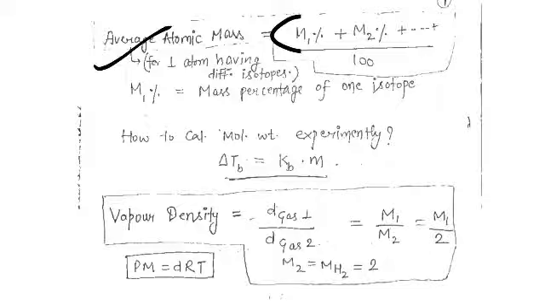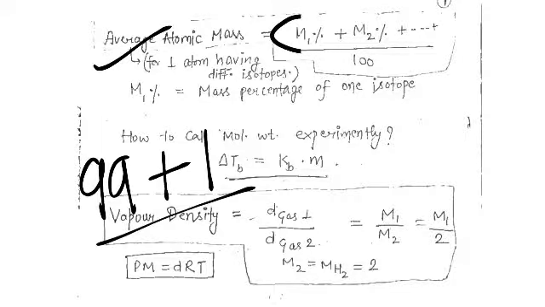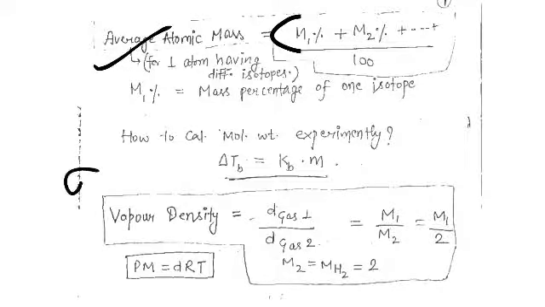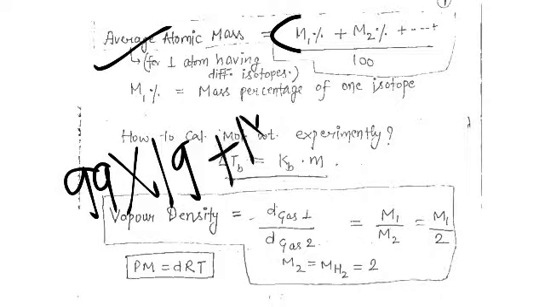How will we put the percentage abundance? For 19F, we know that it is 99% abundance, and 18F is 1% abundance. So we just need to put (99 multiplied by 19 plus 1 multiplied by 18) upon 100.